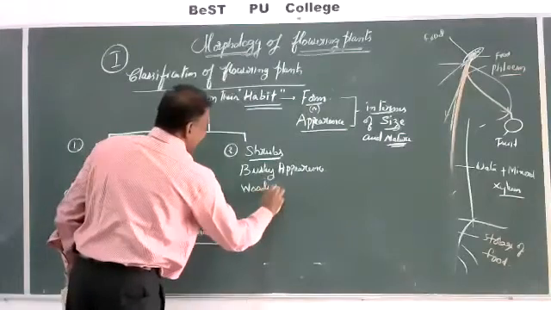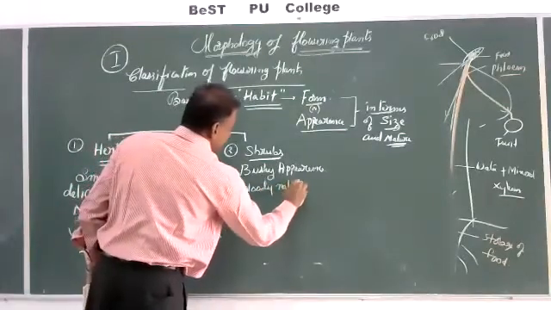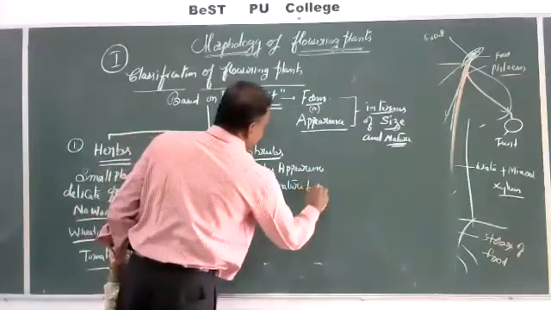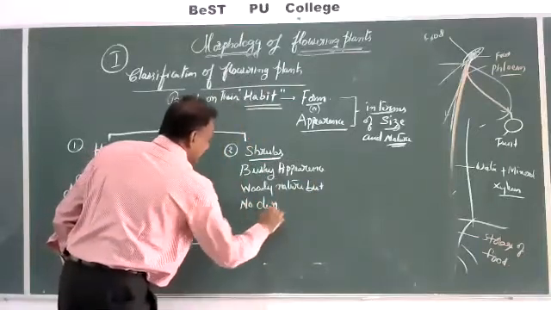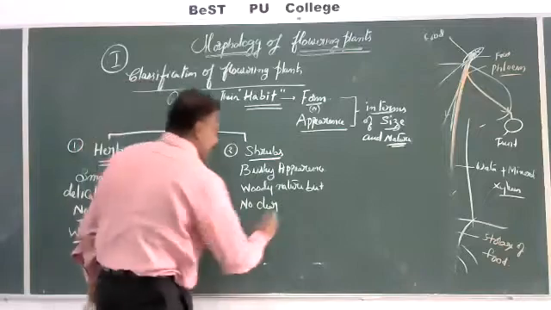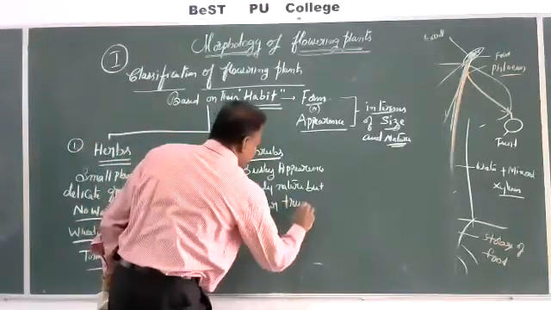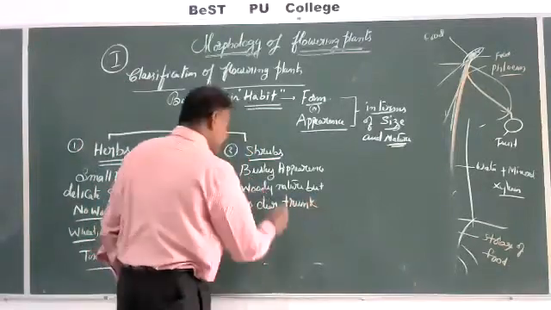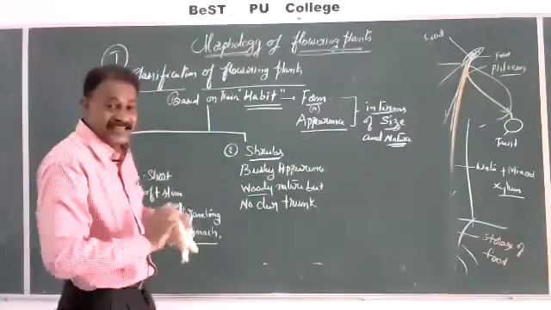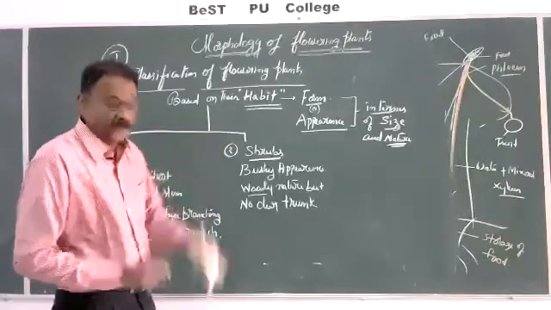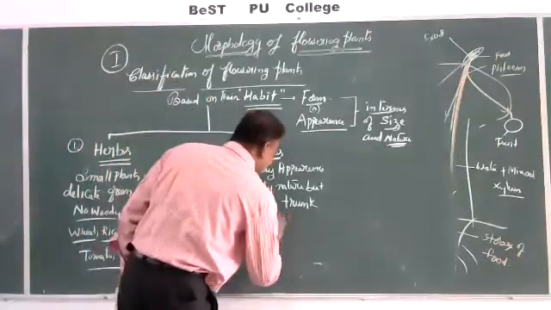Woody nature, but no clear trunk like a tree. They have woody nature, they are not soft, but a clear cut trunk is not there like in a tree. No clear cut trunk.